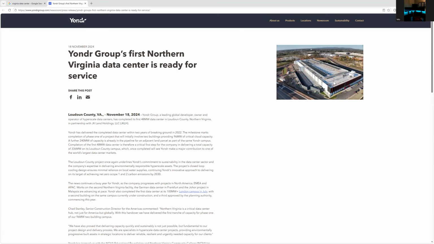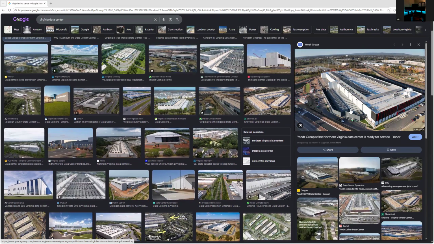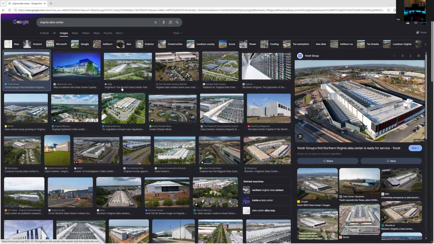This is the largest one, Fairfax. Look at the size of this thing. Monster. These are all the data centers right there. I'm just pulling up a Virginia one. The Fairfax is the largest one.